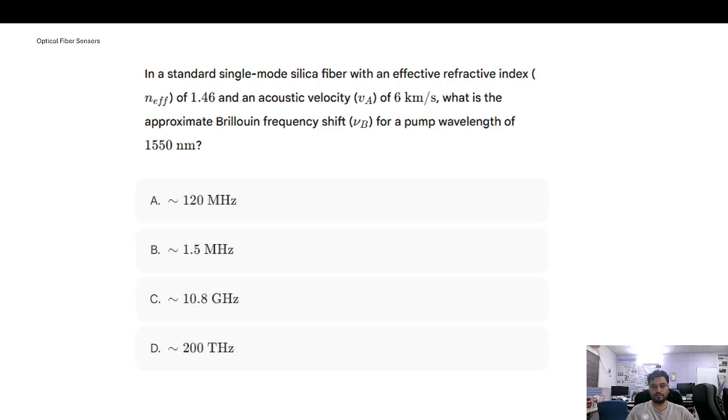Let me know your answer. This is a numerical question, you just need to calculate nu b, which is equal to, you already know the equation. Calculate and let me know what the answer is.